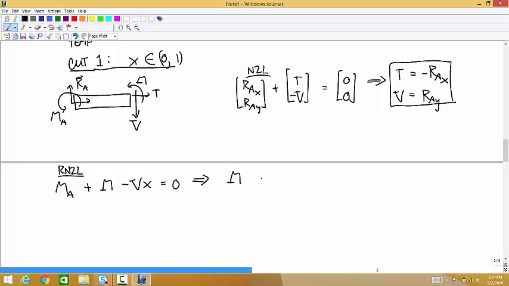So M is equal to negative MA plus Vx. So that's equal to RAY times X minus MA.